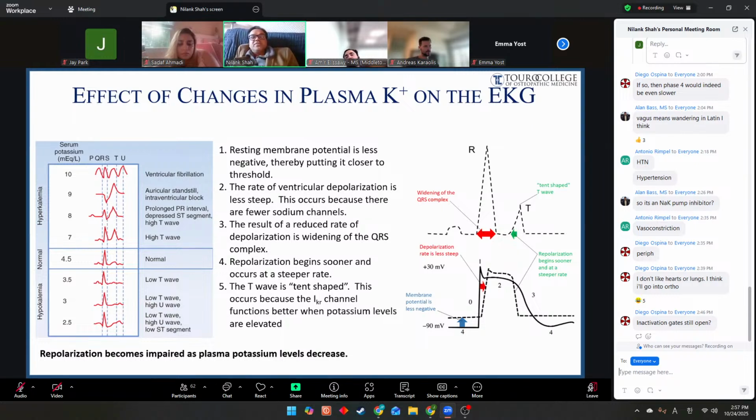So what has happened before phase 3, in phase 0 and phase 2? What has happened in phase 0 and phase 2?